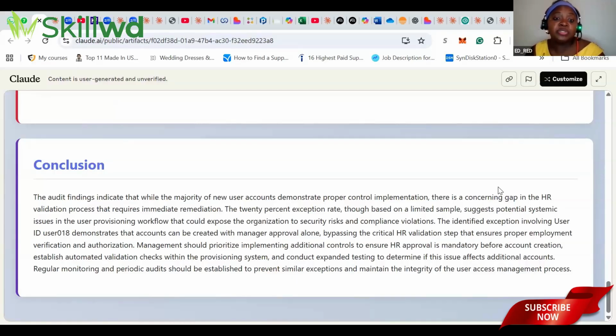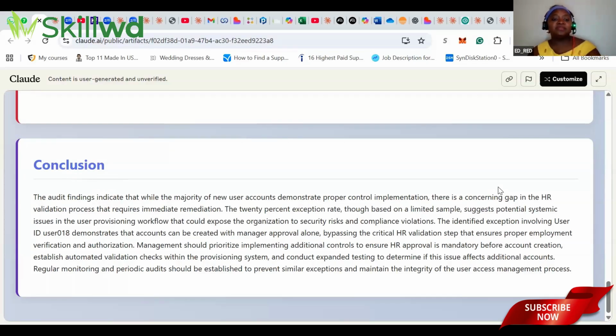So management should prioritize implementing additional controls to ensure HR approval is mandatory before account creation, establish automated validation checks within the provisioning system, and conduct expanded testing to determine if the issue affects additional accounts.